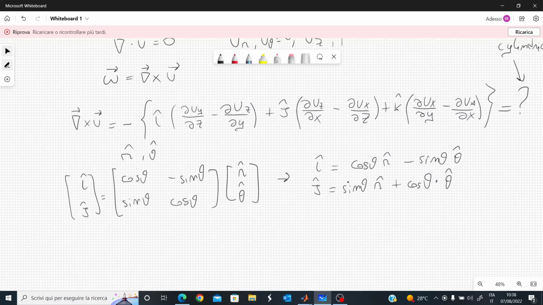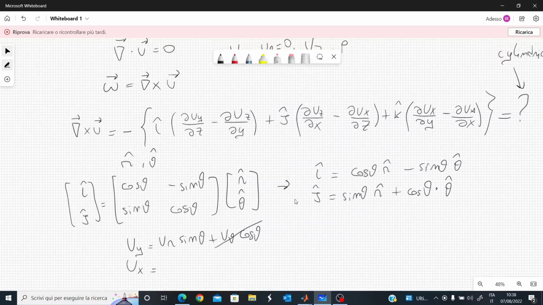And then you also have the expression for the velocities. In particular, the velocity u_y is equal to u_r sine theta plus u_theta cosine theta, which is 0 because u_theta is 0, and u_x is equal to, let me go back and check.